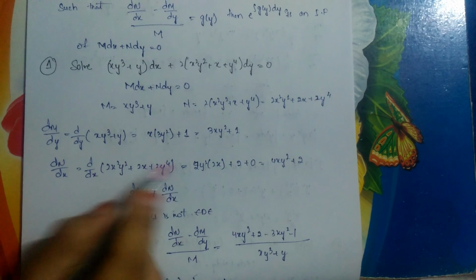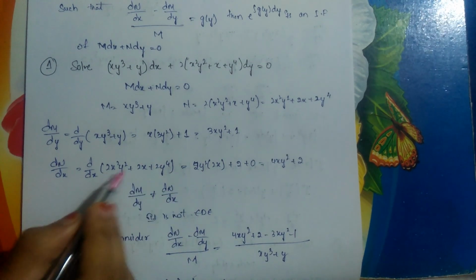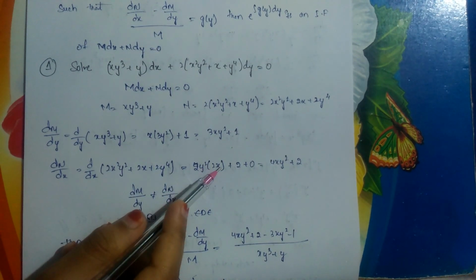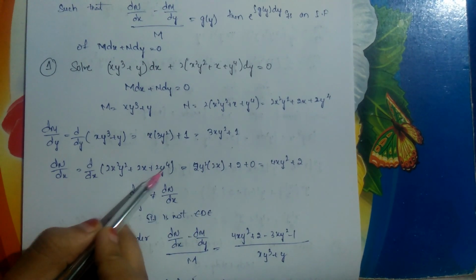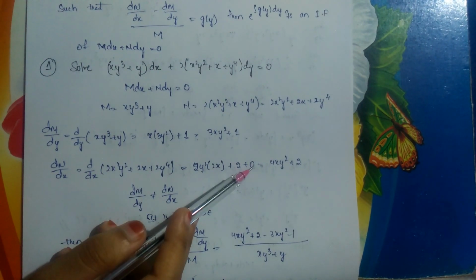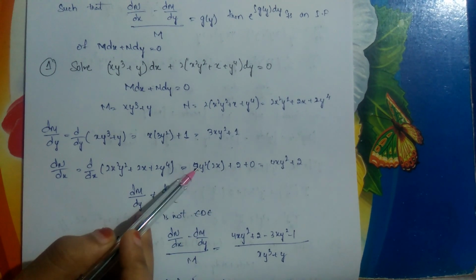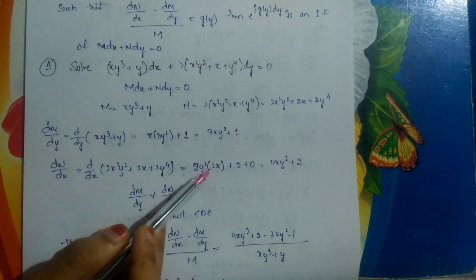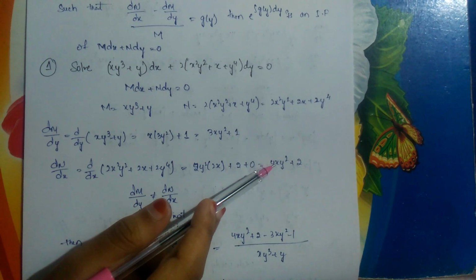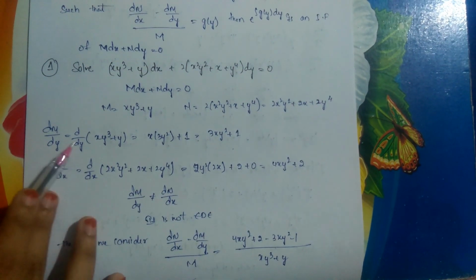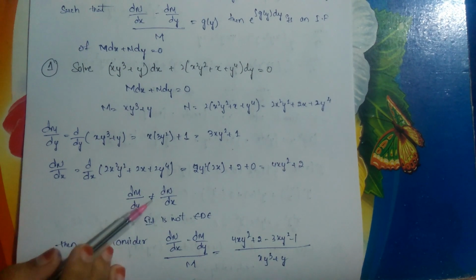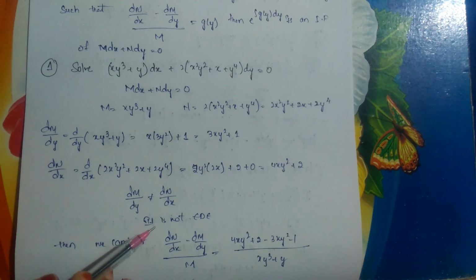Here 2y square is constant and x square differentiation is 2x, plus 2x differentiation is 2, and 2y power 4 differentiation becomes 0. That equals 4xy square plus 2. When we see these two functions, ∂M/∂y is not equal to ∂N/∂x, so it is not an exact differential equation.